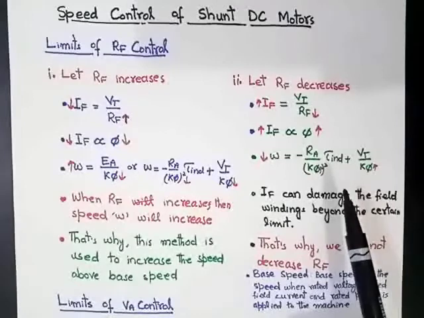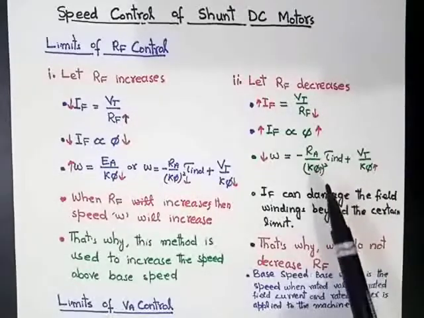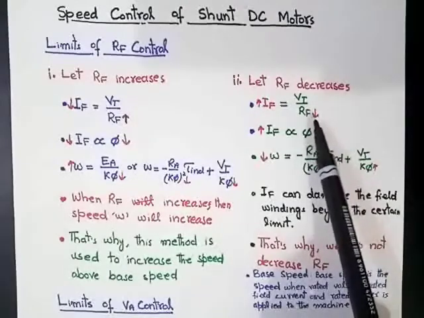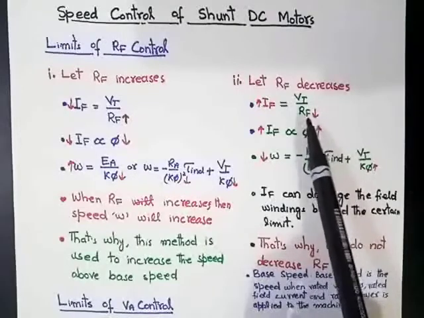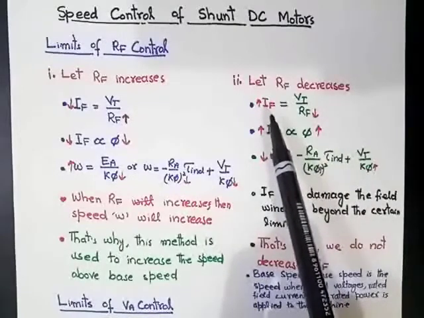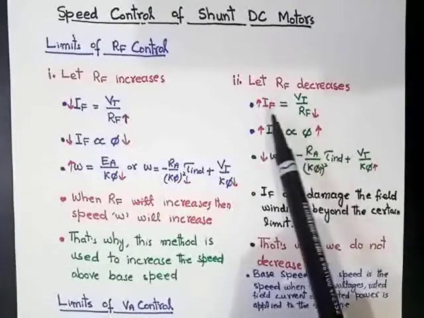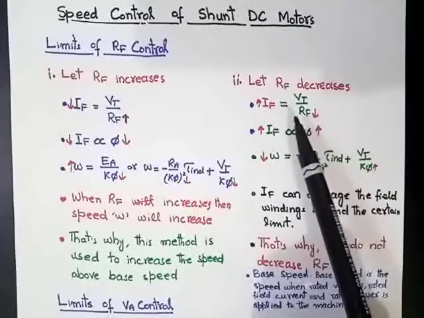Now, we can't decrease RF, because when RF decreases, the field current will increase. And when the field current increases, the field winding can heat up or even burn out.